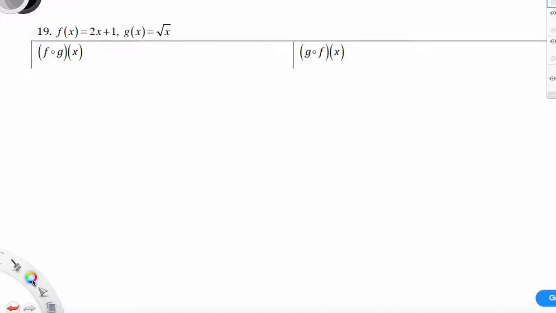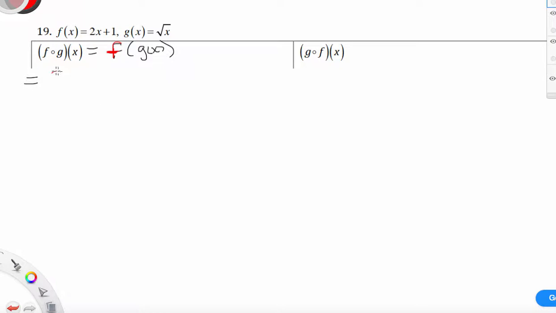Okay, for number 19, we are going to be starting with f of g of x, which can be written as f of g of x, if you like. And then I'm going to get my f function ready to substitute in g of x.